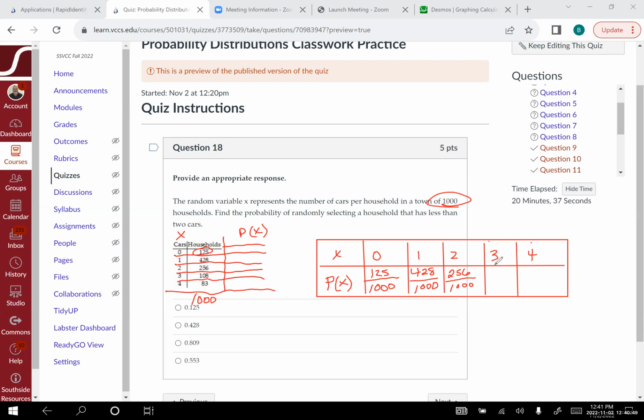For 3 cars? 108 over 1,000. All righty. And finally for 4 cars. 83 over 1,000. There we go.